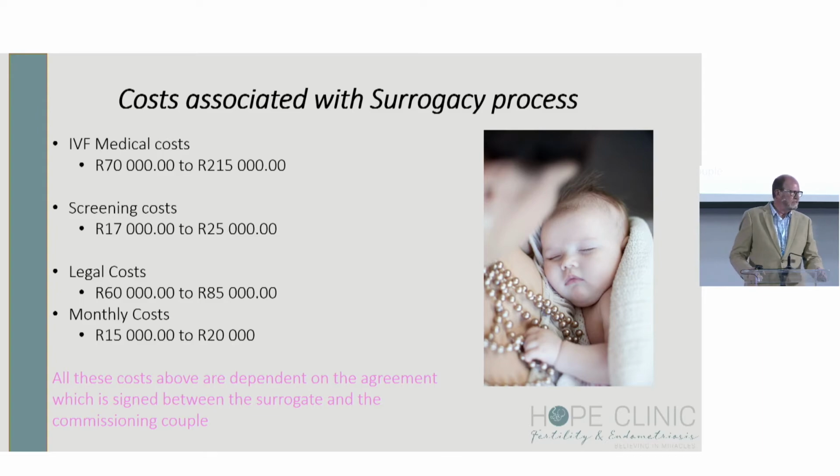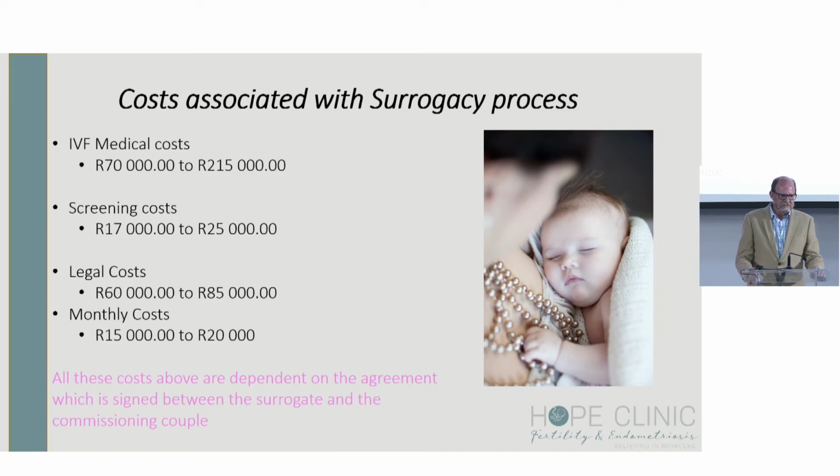The screening costs of the surrogate could be anything between 17 and 25,000 rands. The legal costs can be between 60 and 85,000 rands. And the monthly costs, now people will ask me what monthly costs.